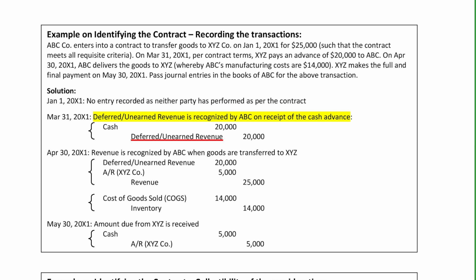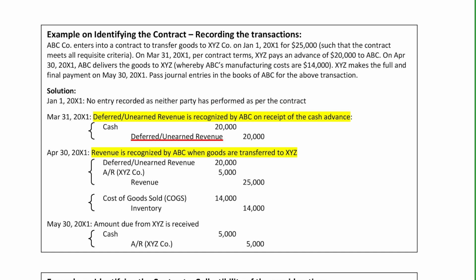Thereafter, on April 30th, highlight revenue is recognized by ABC when goods are transferred to XYZ, the customer. Basically, when ABC delivers on the performance obligation. And of course, highlight revenue is credited.